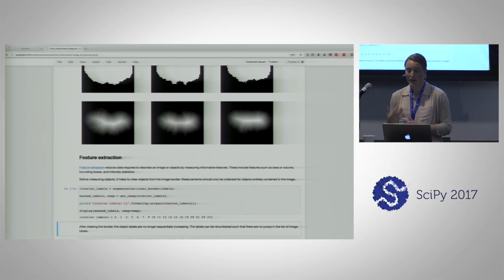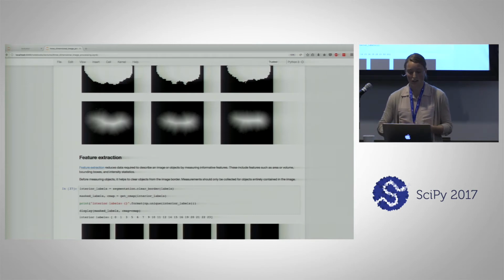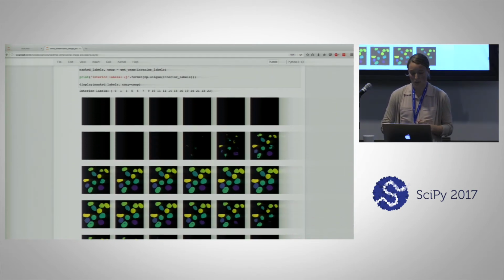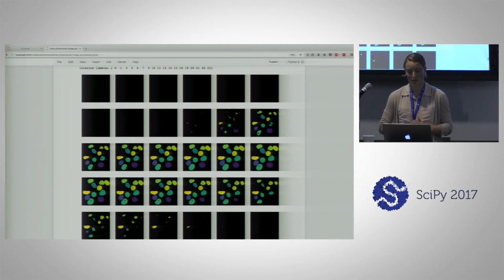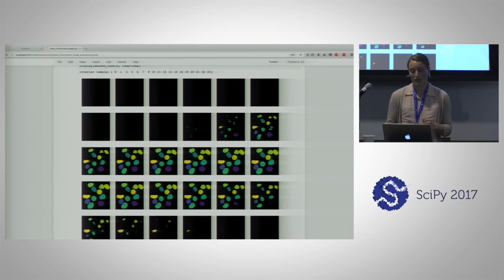Within the segmentation module is a clear border function, which will only return the interior labels. Above the image, I've listed all of the labels that are kept, the interior labels, and we'll see that they aren't sequential.